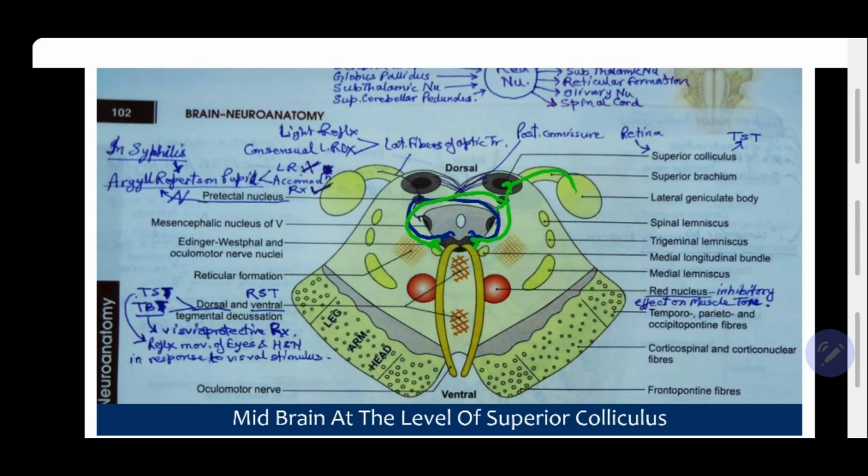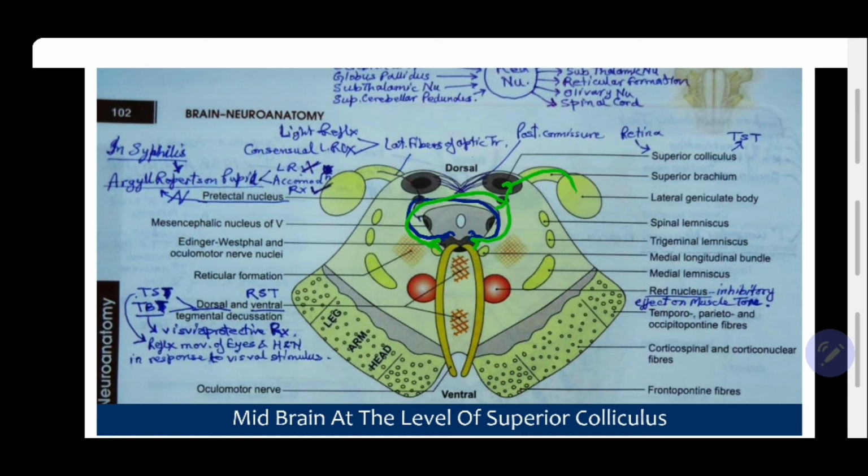But that person, if he tries to read a book, he can converge the eyes and read the book, because in reading a book you need your ciliaris muscle to constrict the eye lens, right?